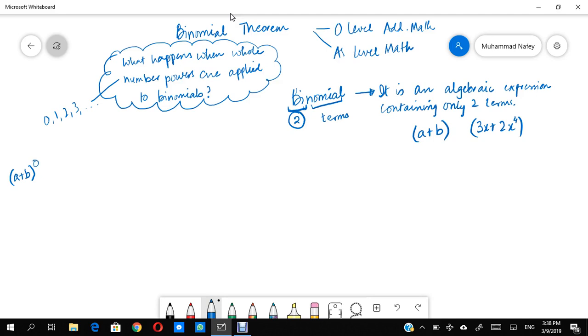Now obviously a would be having a particular value, b would be having a particular value. When I add both of these numbers together, I would get another number which would be having a particular value. Now, we know this from the chapter of indices that you have studied in both O-level math and add math, that if anything is given a power of 0, the answer comes out to be 1. So if a plus b, the whole thing, is given a power of 0, the answer that we'll obtain is 1.